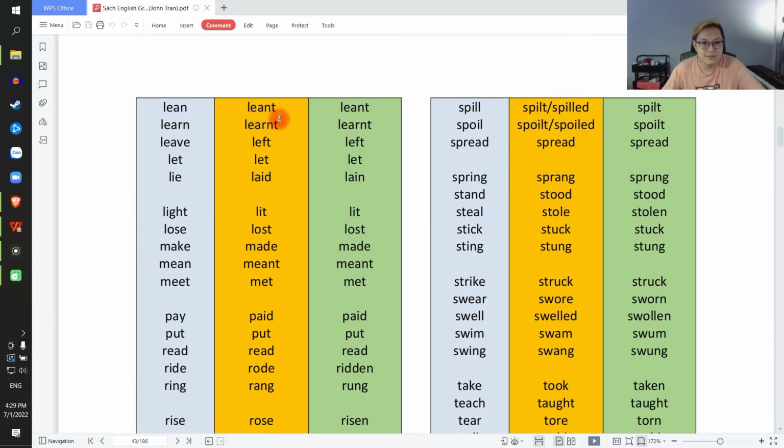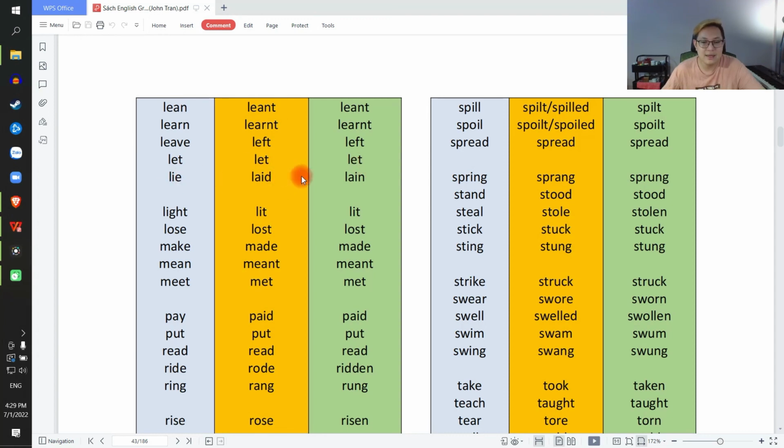Lean, leaned, leaned. I think leaned, lent, lent. Learn, learnt, learnt. Leave, left, left. Let, let, let.